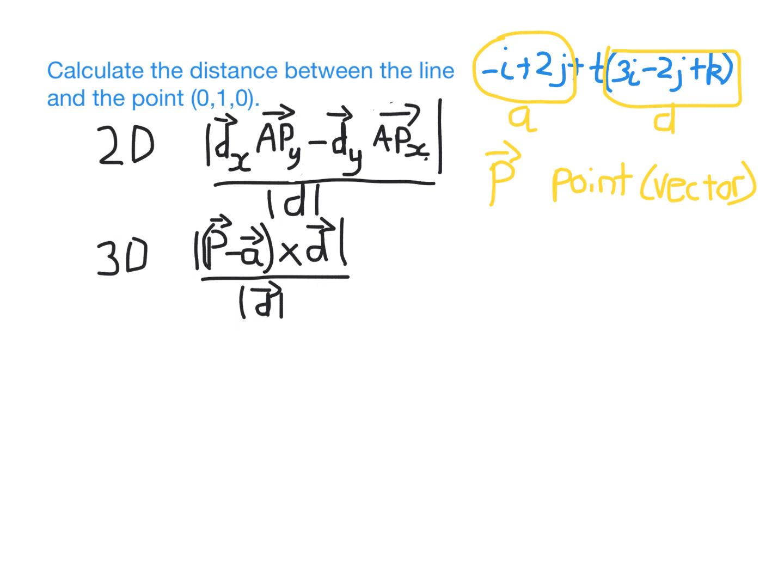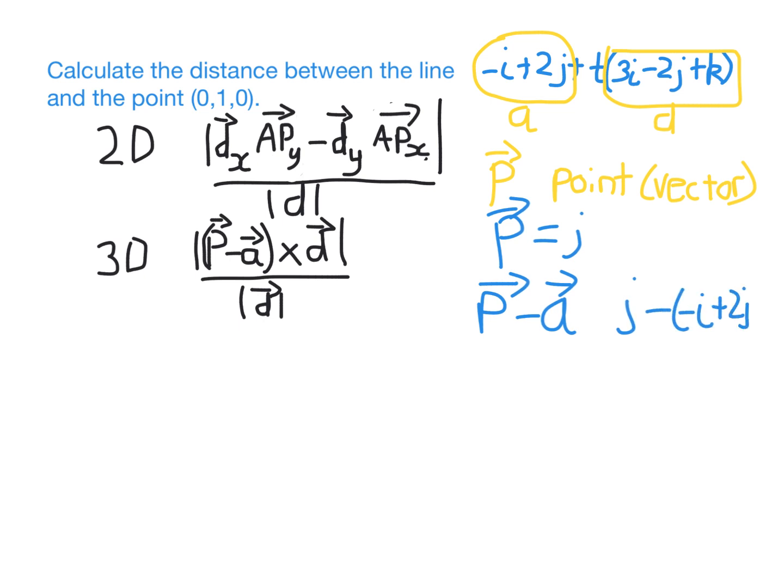So here, P is the point (0, 1, 0). As a vector, it's just j. So here, P minus A would be the vector j minus, we had for A, negative i plus 2j. So that will give us i minus j.